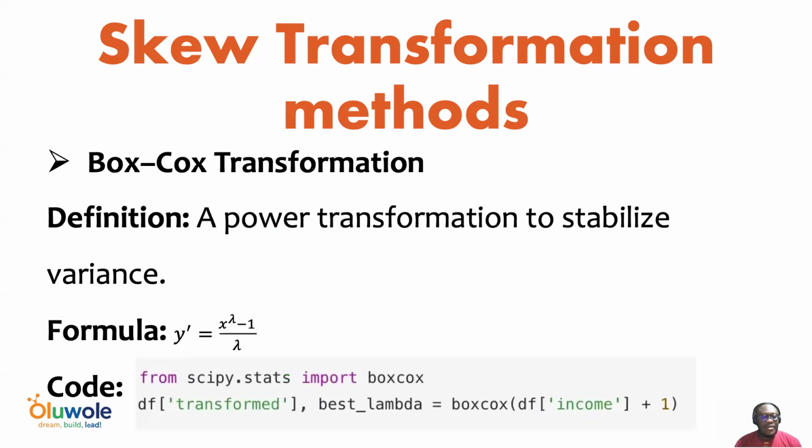All right. Then you have the Box-Cox transformation, the power transformation to stabilize variance, especially when you notice variance in your model. When there's an issue of variance, your model is underperforming. But when you have bias, your model is always overperforming.